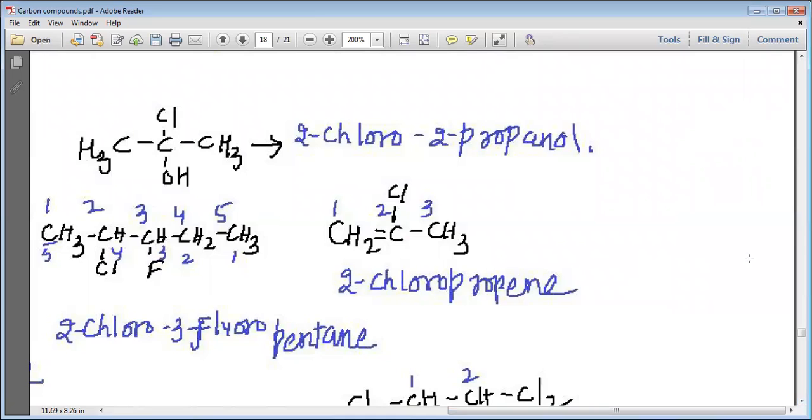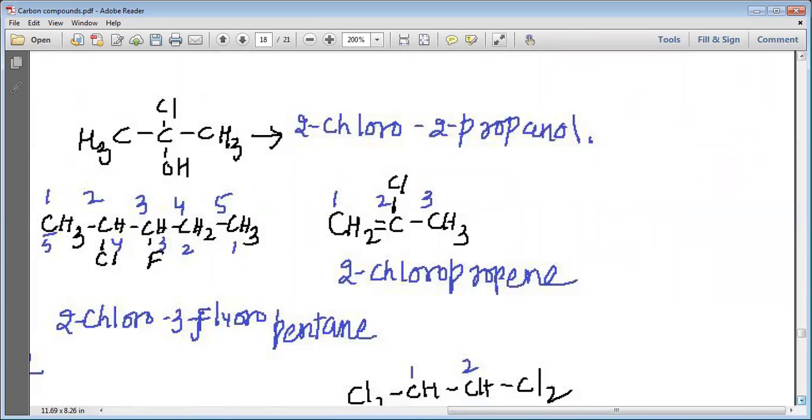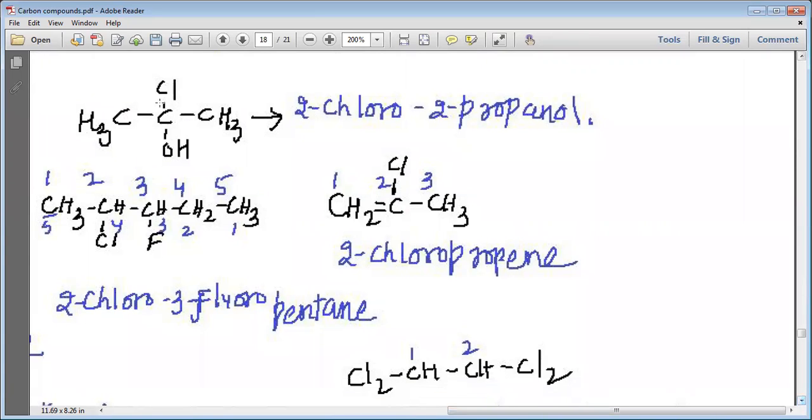Now, my dear students, we want to study a few more names. So let us look at this compound. When you look at this structure, you can write the numbers 1, 2 and 3. Now the alcohol OH group and chloro are both present on the second carbon. If you number from this side or that side, these groups are present on the second carbon only.